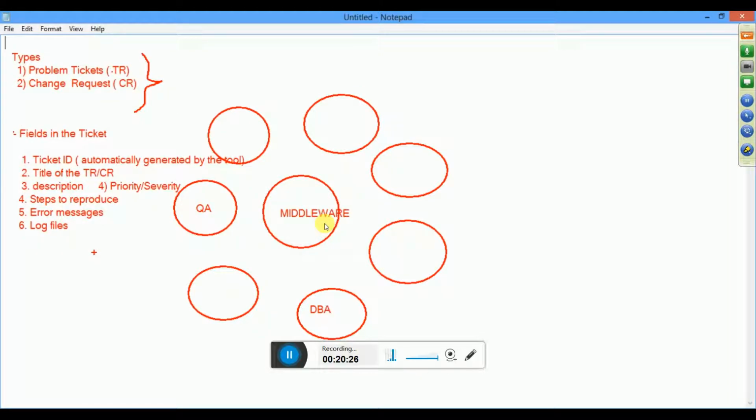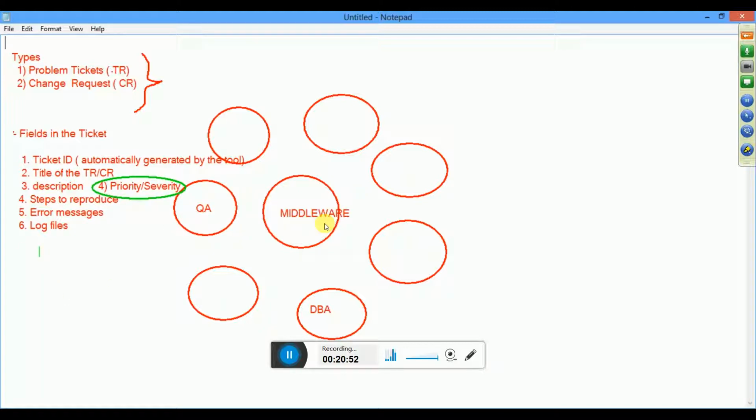Let's say your mobile handset is not working, then that is a high priority. If you have asked for a change of your rental plan, that's not such a high priority. So both TRs and CRs have a priority associated with them. The priority is also called severity in some projects, but for all our discussion we will call it priority.